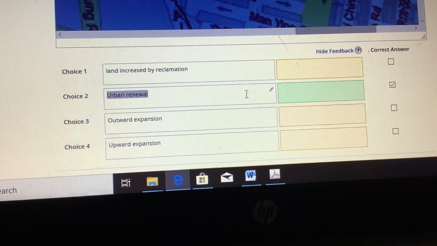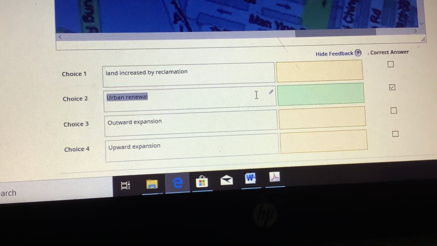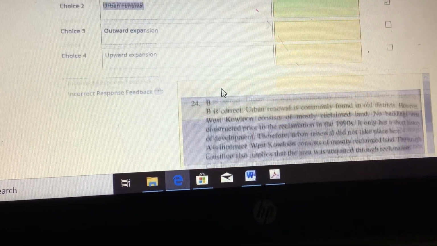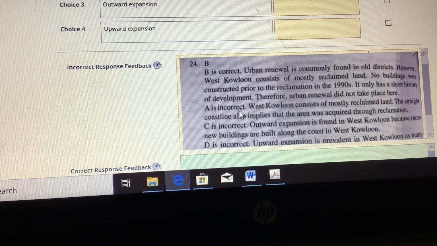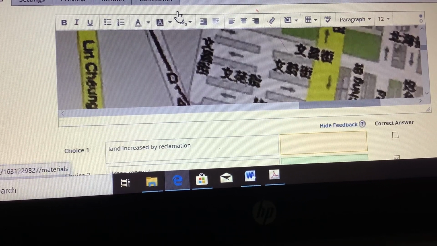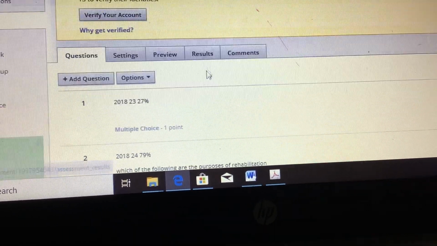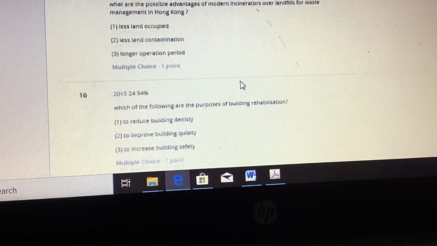So sometimes Mr. Leung may make a mistake by overlooking something too. I really want you to learn from my lesson, don't learn the mistake from Mr. Leung. This one, urban renewal, is about demolishing all the buildings. But I took it as urban decay, where having old buildings is enough. Okay, my bad. Next one, come on, be quick.